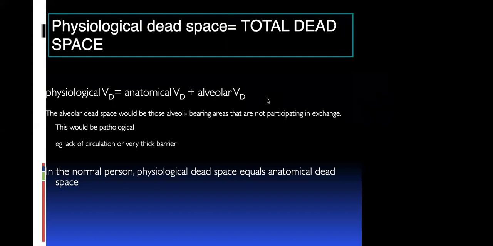So in health, total dead space is equal to anatomical dead space. It's only if the alveoli have a problem, such as lack of circulation, swelling, edema, or fluid within them, that alveolar dead space will rise.